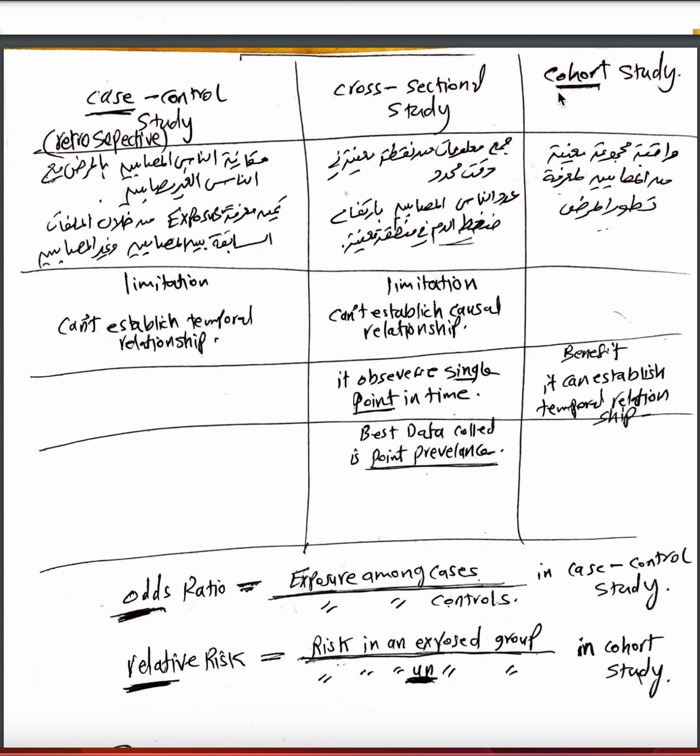A cohort study is where we watch a group of patients affected by the disease, and we see how it progresses. What's important to measure is relative risk, which equals the risk in the exposed group divided by the risk in the unexposed group. So we can determine the relationship between the exposure and the results.